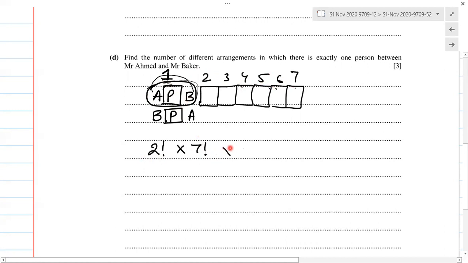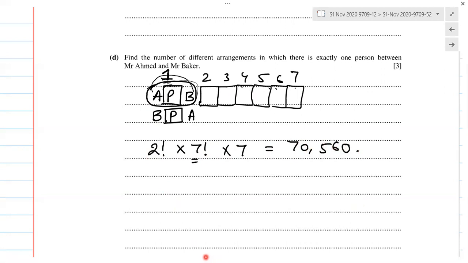So that's just going to be times 7. And 7 factorial for the remaining number of people who can change their positions within each block. So that's 2 factorial times 7 factorial times 7, and that's going to give you 70,560. And that is the last one. This was question number 6, part D done.